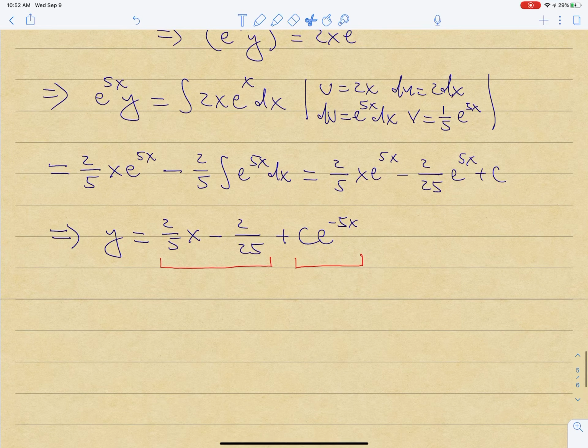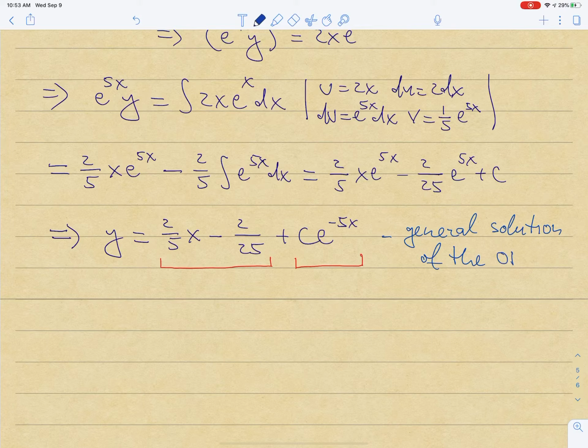In total, I know that because this is a solution, if I take this expression and its derivative and substitute everything into the equation, the equation must be satisfied, because the equation is solved by this one-parameter family of solutions, or a general solution. So let's refer to it from now on as a general solution of my ODE, because presumably it includes all possible particular solutions that you specify by choosing different c's.